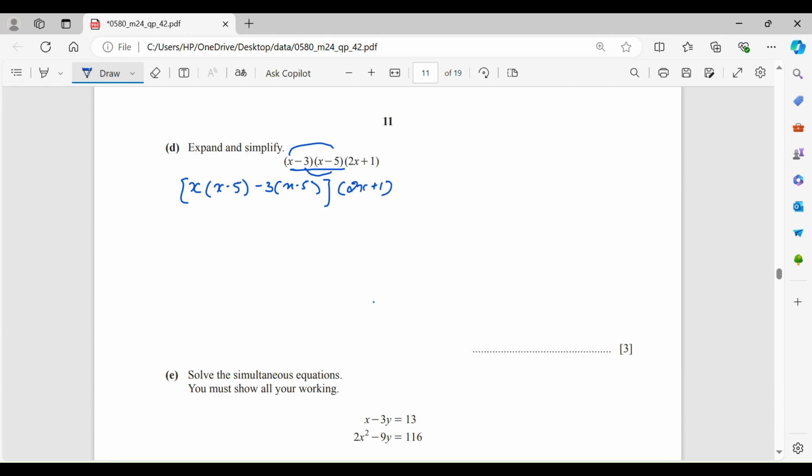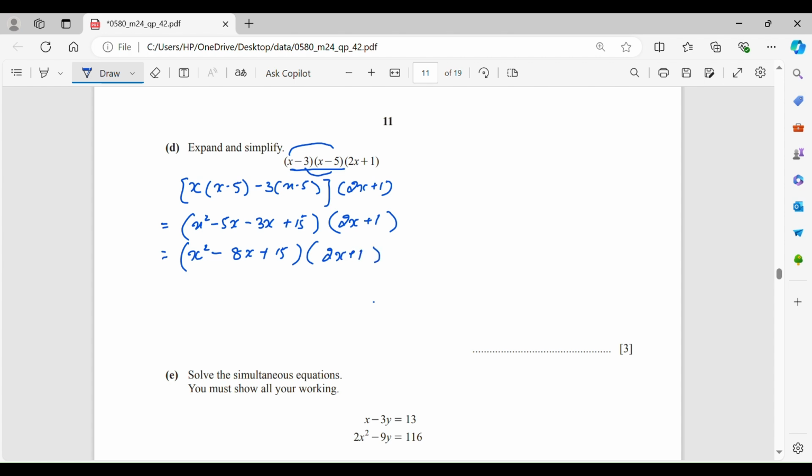This will be x square minus 5x minus 3x plus 15, and here it will be 2x plus 1, right? Next, this will be equal to x square minus 8x plus 15, and here it will be 2x plus 1.